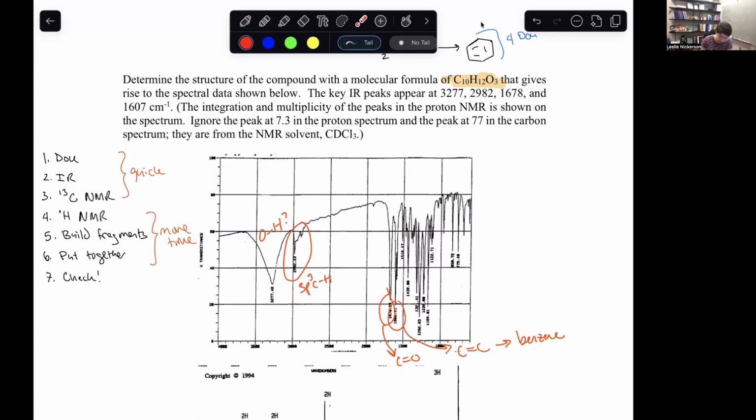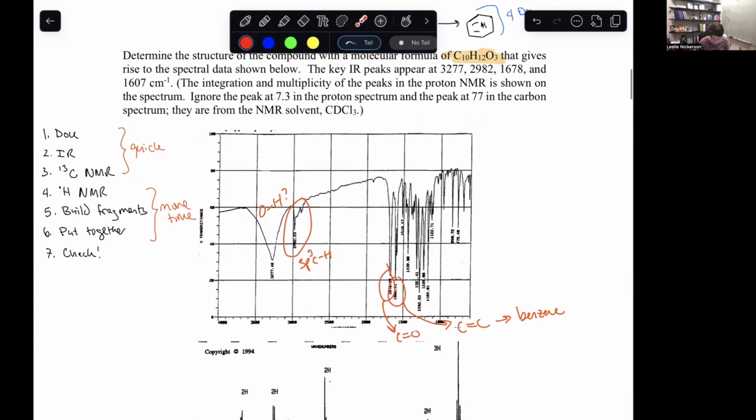And this is my first indicator that part of this oxygen mess that I've got might include some sort of carbonyl group. Now, you can dig through those numbers on the IR table to find a little more detail on what the carbonyl is. I usually don't bother with that because I find it in the NMR. But the IR is helpful in telling me to look for a carbonyl and not ignore that.